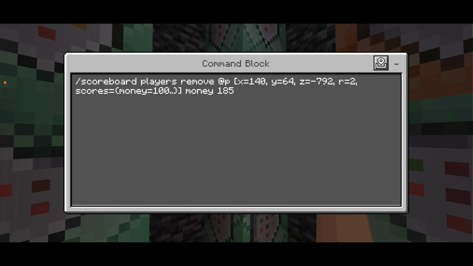I cannot believe I didn't. The problem is I didn't execute this correctly. That conditional command block's never even going off, because the only way you got that one to go off anyway is that you had 185. So I don't know if I was being smart or being nice, but it doesn't work anyway.